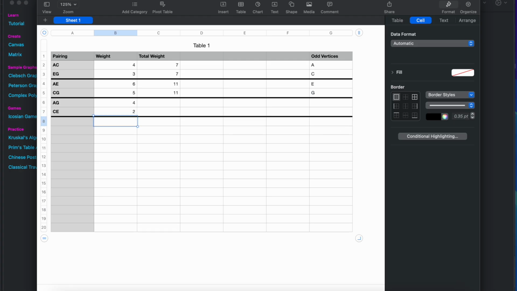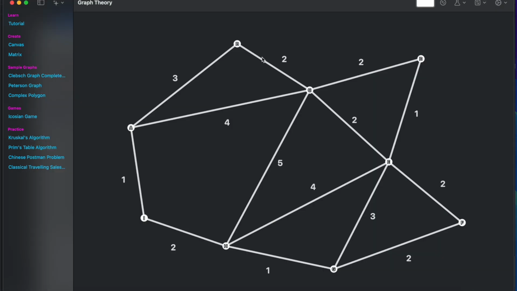That gives us a total weight of 6. Therefore, the pairing that has the minimum possible total weight is A paired with G and C paired with E. That means that the shortest route between A and G, as well as the shortest route between C and E, has to be traveled twice.